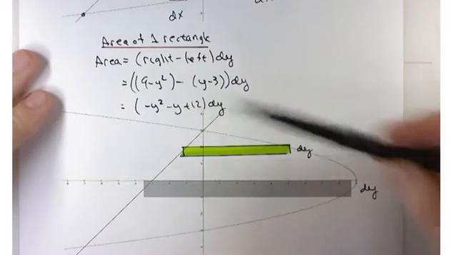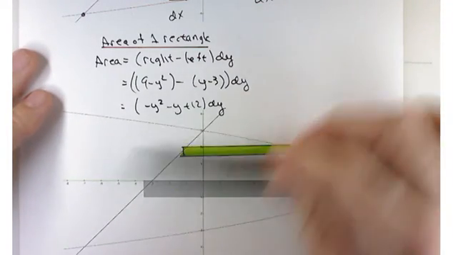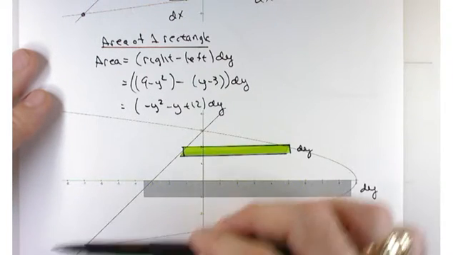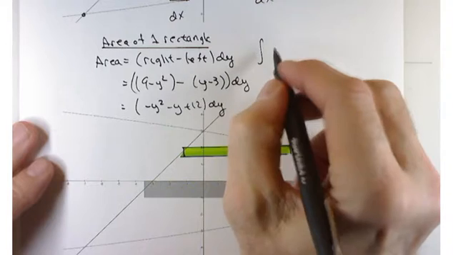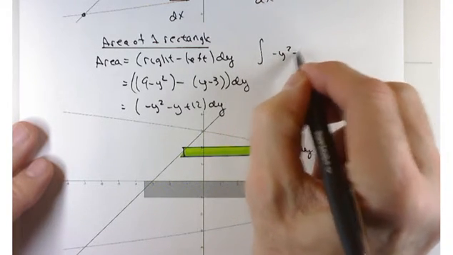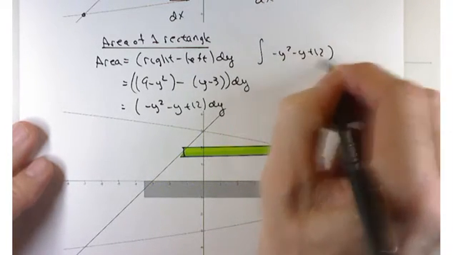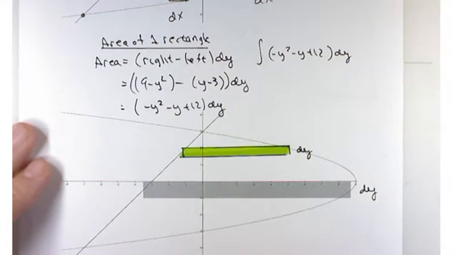I need to add up the area of all such possible rectangles, starting from down here all the way up to here. And when I do that and let these things get really, really small, effectively what I'm doing is integrating. So I'm going to integrate negative y squared minus y plus 12 dy.